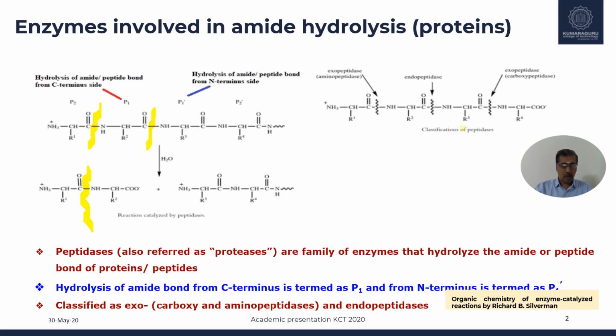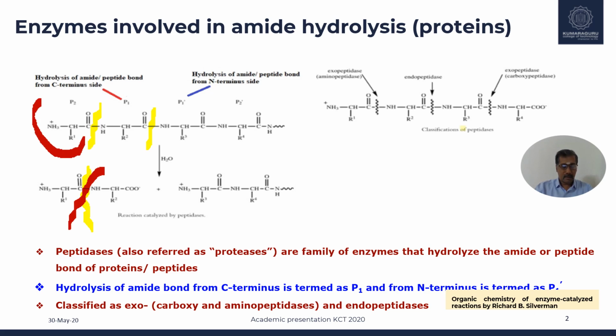So from the amino side, again the same bond will be targeted. This amino group should be contributed by this amino acid, and this free amino group should be contributed by this amino acid. So like that we can put it, it should be like this.